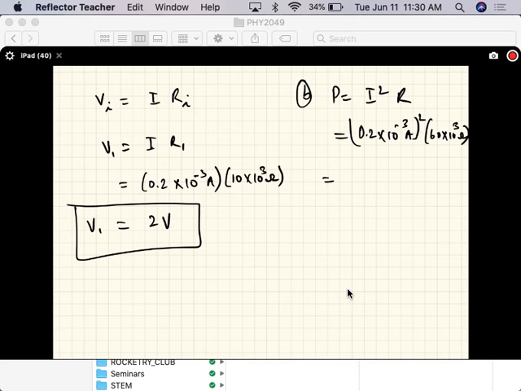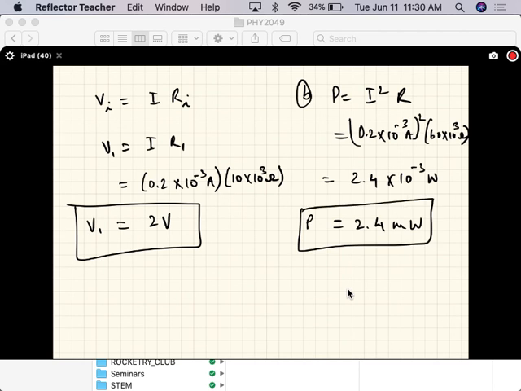So this is 2.4 milliwatts. Okay, that's the total power supplied to the circuit.